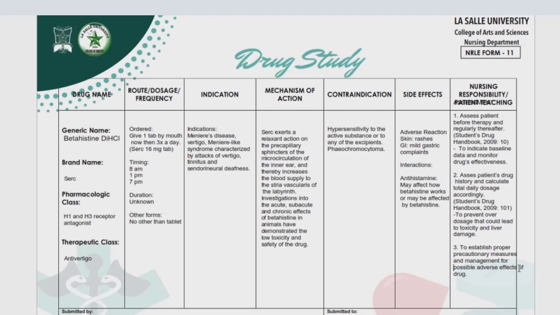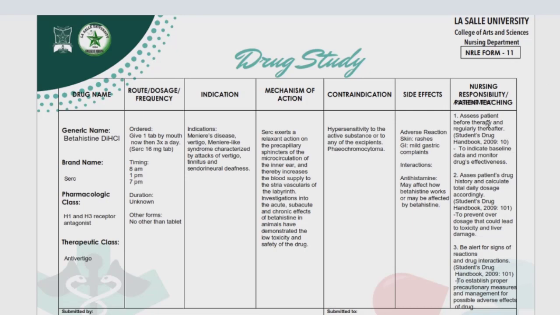Taas-taas ni siya ang nursing responsibility and patient teaching. Kung dili ka saigo, ibutang siya sa next nga page. The nursing responsibility and patient teaching column is very important kay dinha nato ma-assess ang patient kung ang therapeutic regimen nga gihatag sa iyaha is effective ba.